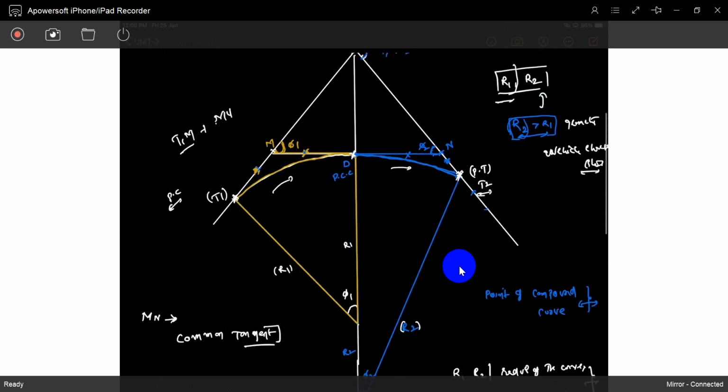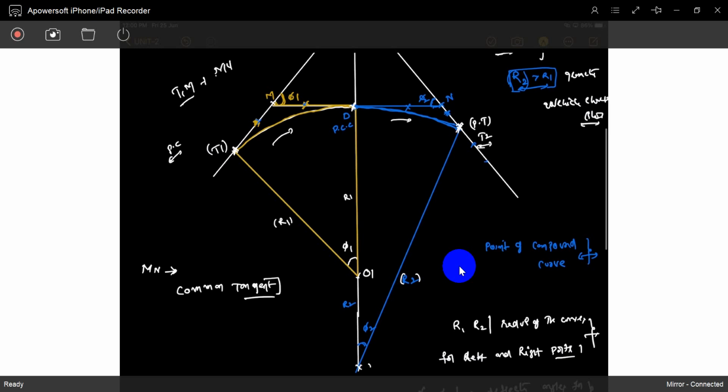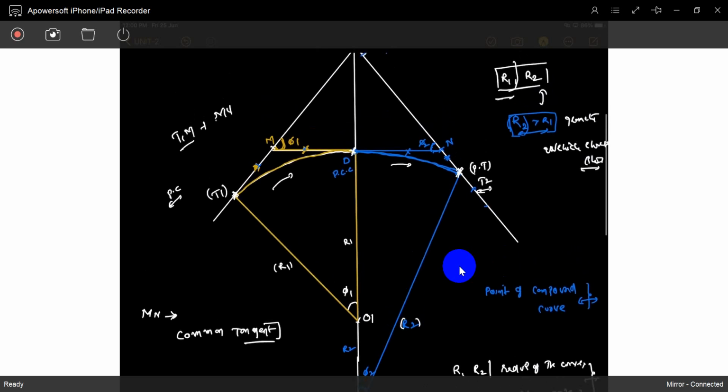T1M is equal to MD. This is one simple curve, this is another simple curve. This point I call O1, this point I call O2. T1D with center O1 is a simple curve. M is the apex point, so MT1 and MD are equal.